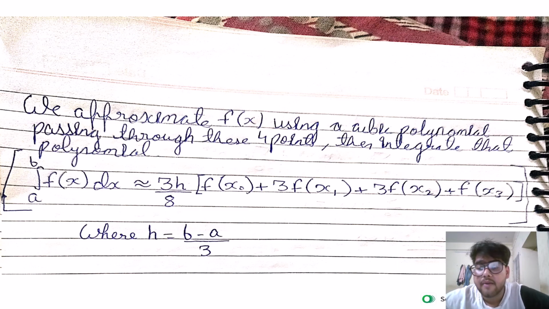So we will get the integration of f of x dx from a to b is approximately equal to 3h by 8 times f of x0 plus 3 f of x1 plus 3 f of x2 plus f of x3. So this is the Simpson's 3 by 8 rule. This is the step by which we can have the Simpson's 3 by 8 rule from the general quadrature formula.